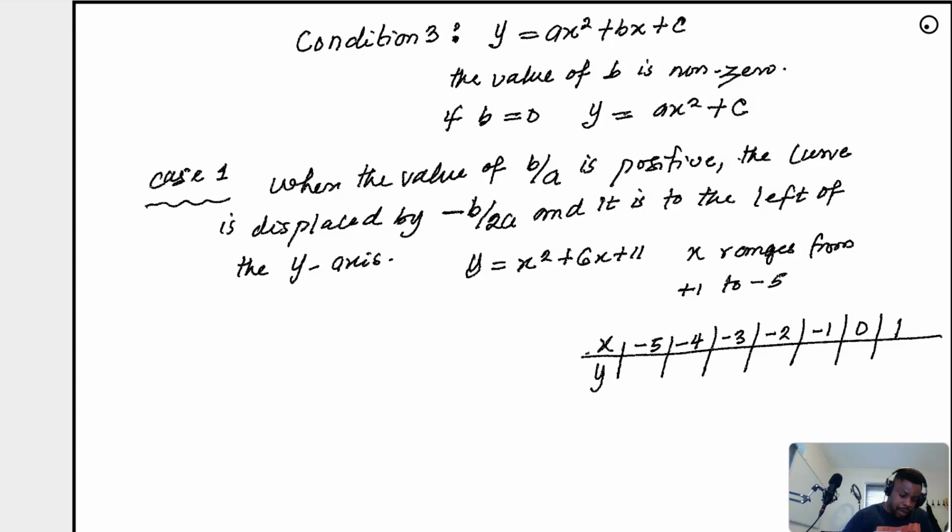So -5 squared plus 6 times -5 plus 11. In that case, I'm getting 6. Y will be 6. When x is -4, I'm getting 3.